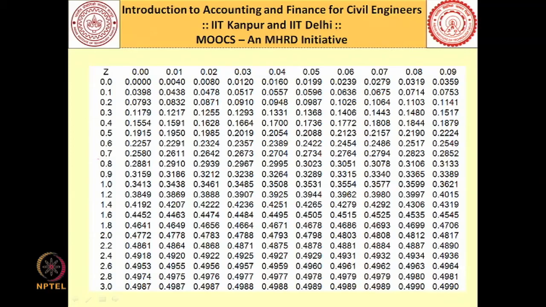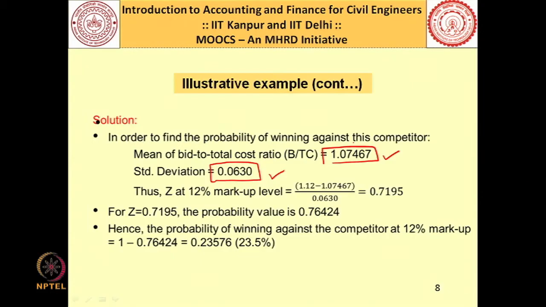So, 0.7 is this row, and you can find the value corresponding to 0.76. This is coming out to be 0.2764, right. So, from here we can calculate the probability of winning against this competitor at 12% markup.